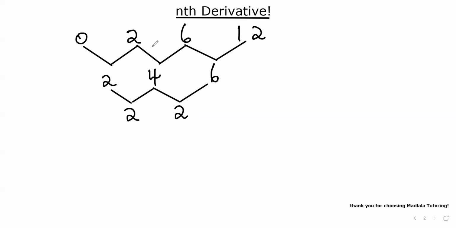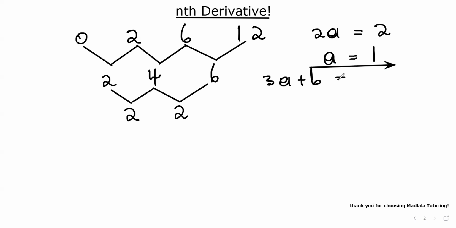So all we need to do is find the general term that describes these four numbers, right? So we know that we are going to have 2a, and we set it equal to the second constant difference, which means the value of a is 1. Okay, fine. And then we also have 3a plus b, which is equal to the first term of the first difference. But of course, we understand the value of a is 1.